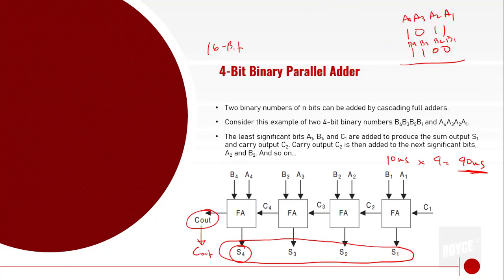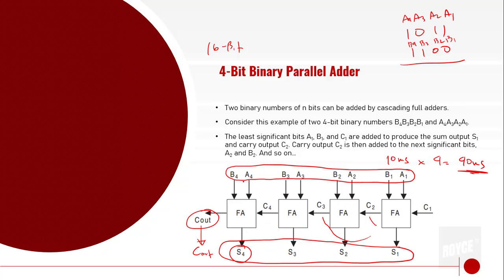Parang ganito yun eh. Ito kasi sabay-sabay, assuming sabay-sabay ko in-input. Now, bago mag-start ito si A2, B2, kailangan niya muna makita si C2. So, si look ahead carry generator, pagkalagay nito, mag-output na si C2, and then, maglalagay na siya ng C3.